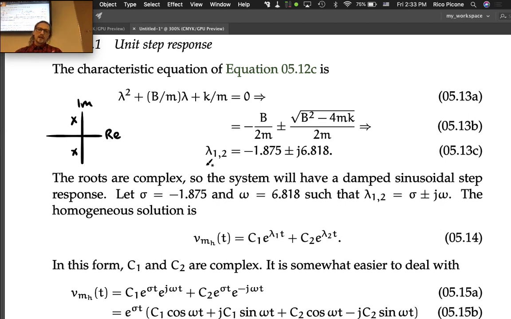Damped because they're in the left half plane, right? So those roots have negative real parts, so we expect them to die down to 0. And oscillatory because we have non-zero imaginary parts.